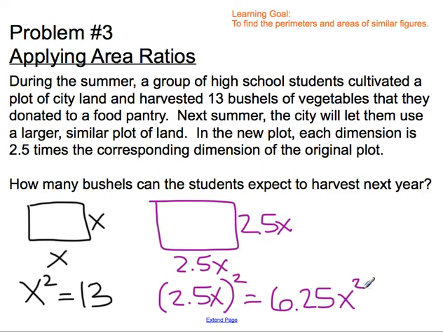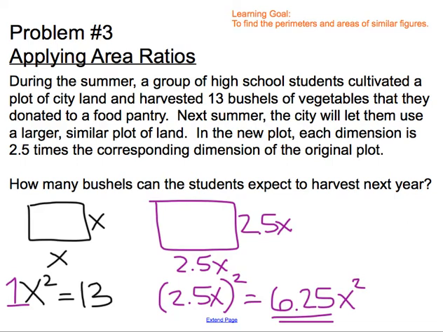So the difference between this year and the previous year is multiplication by 6.25. Last year they had 1 times x squared, but this year they have 6.25 times x squared.